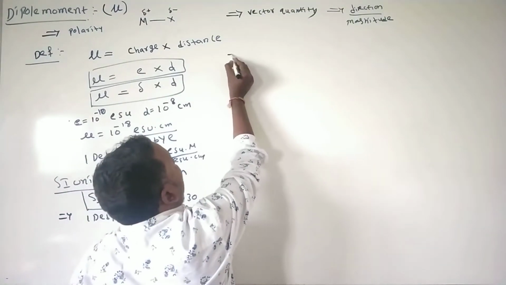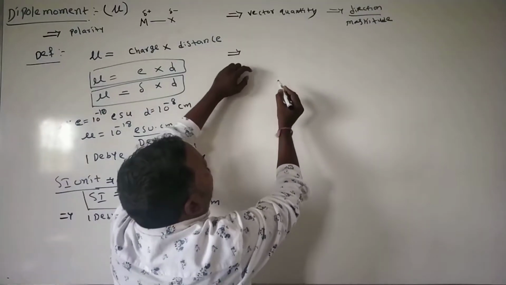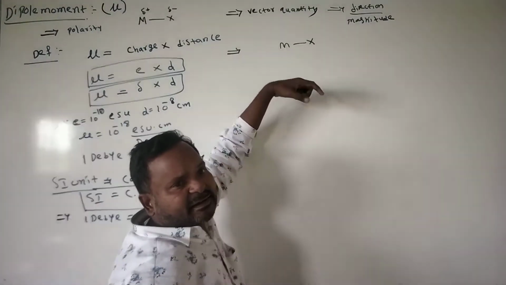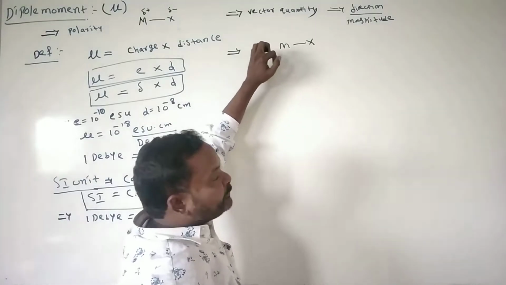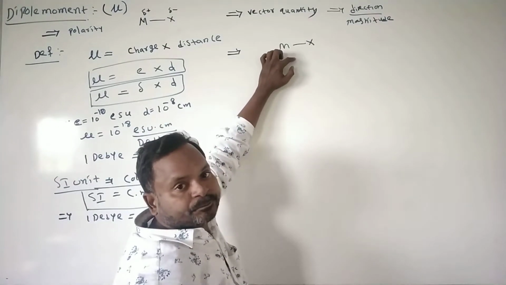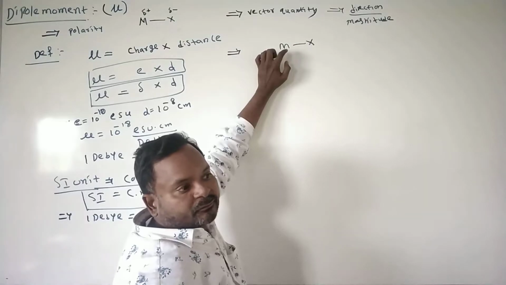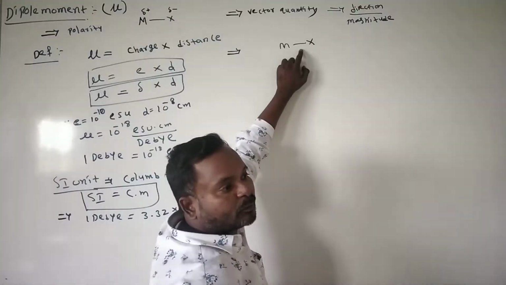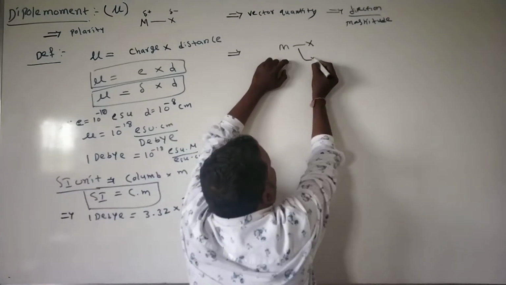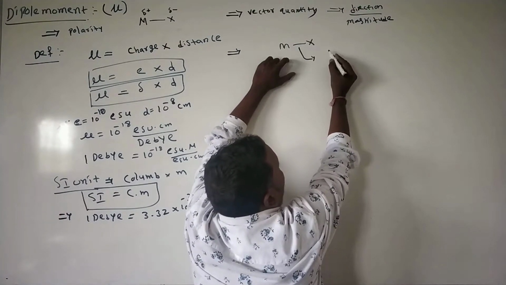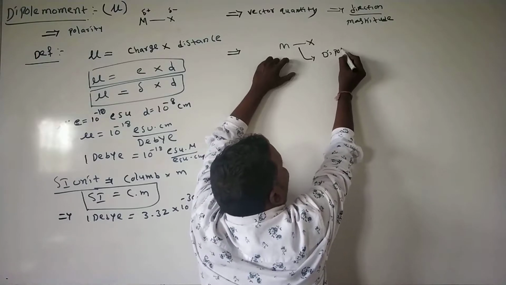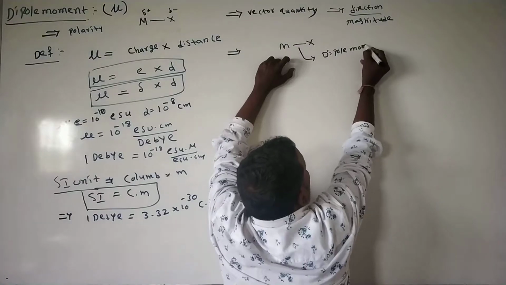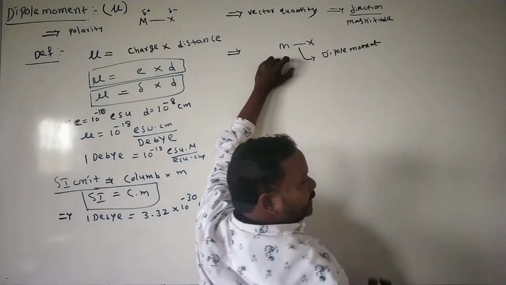This is one important point. We see one more important point. Every heteroatom molecule, that means MX, CX or any other two different atoms linked with a covalent bond, has some amount of dipole moment in that covalent bond. Every covalently bonded molecule containing a heteroatom linkage has a dipole moment.